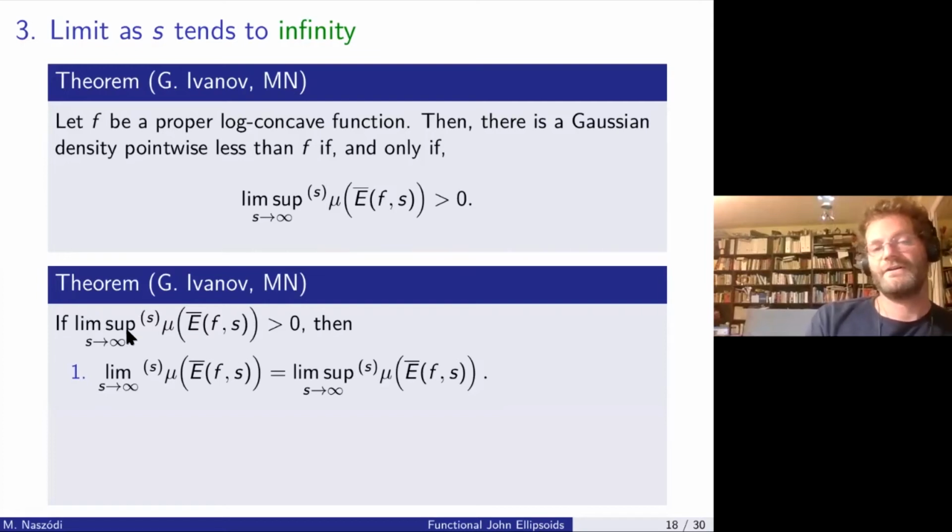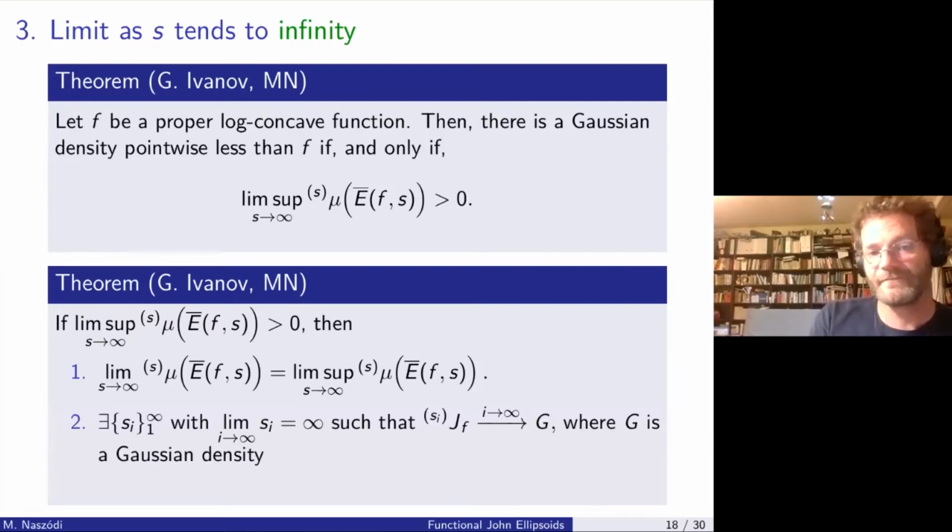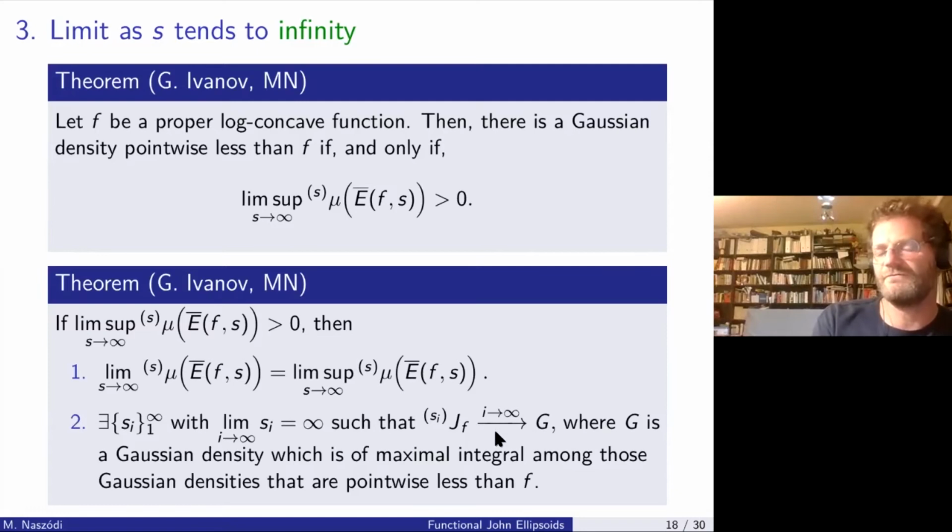Then, first of all, this lim sup is really a limit as s tends to infinity. And second, and this is the real nice fact, our John s functions tend to one of these good Gaussian densities, in the sense that there is some sequence s_i that tends to infinity, such that those John s_i functions tend to G in some really strong sense.